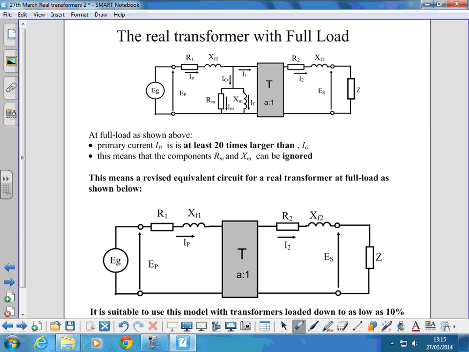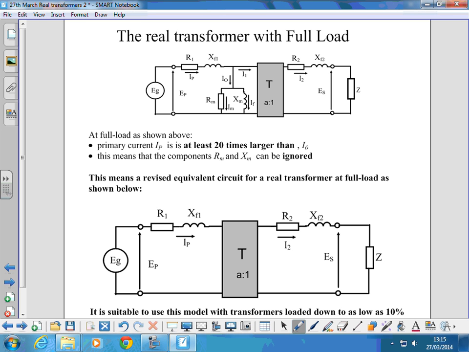Now if we consider the real transformer that is fully loaded. So assume we're applying a load Z such that we're drawing all the VA on the secondary side. So we've got secondary current times the secondary voltage at the VA rating of the transformer.